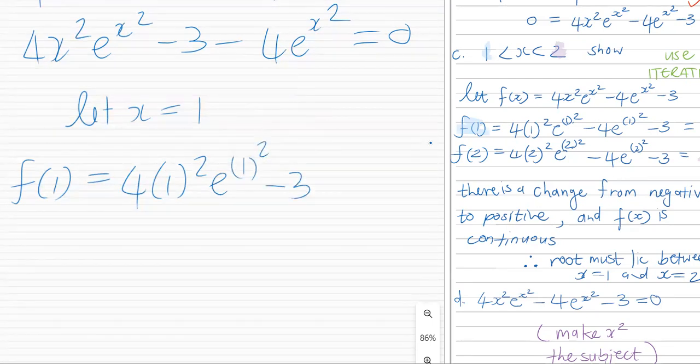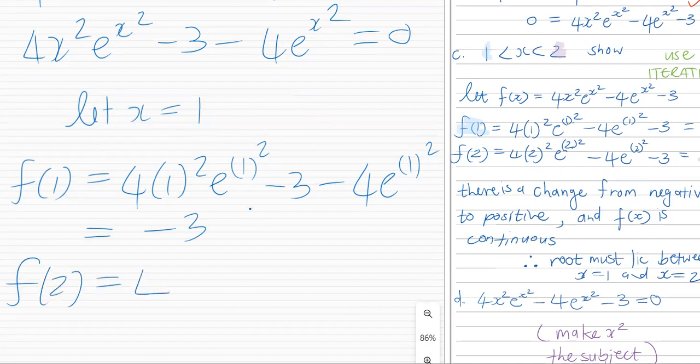Put this in your calculator. Keep it there because we're going to do the same thing. So this is f of 1, and I've done it previously. I got minus 3. Then you keep that there. Just change all the 1s to 2s. So it'll be 4 of 2, etc. And you're going to end up with 652.